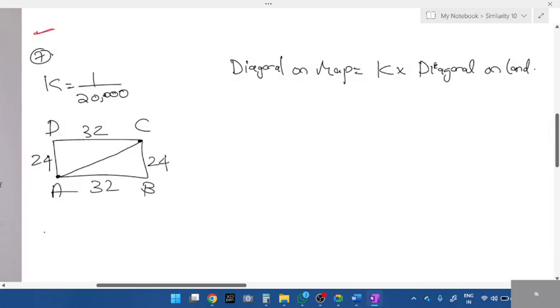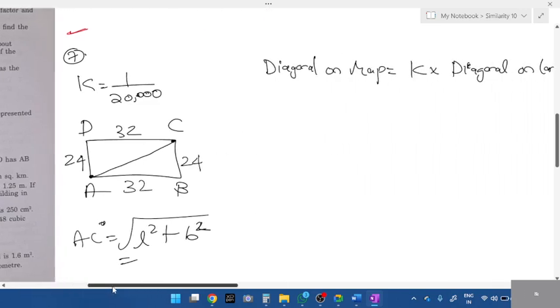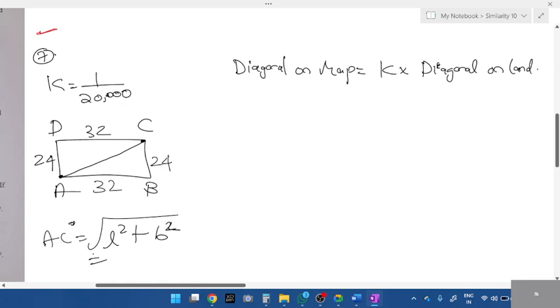What is the diagonal formula? AC is equal to square root of l square plus b square. Find the diagonal; it's in centimeter, and we need to convert into kilometer. First find the diagonal on the map, students. Then just write the value. k value is 1 by 20,000.